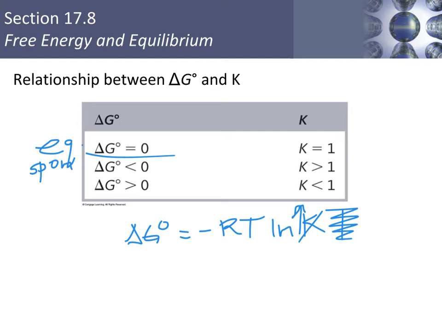If K is less than 1, that means we have lots of reactants. When we take the natural log of a number that is less than 1, we get a negative, and then this negative here will give us a positive delta G, and this is not spontaneous.